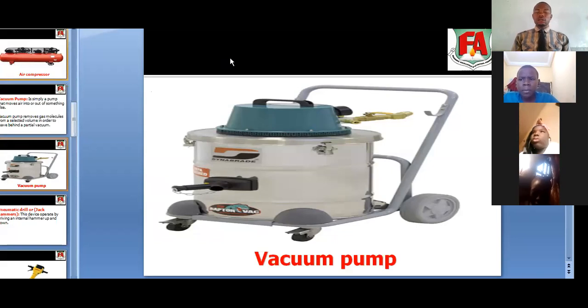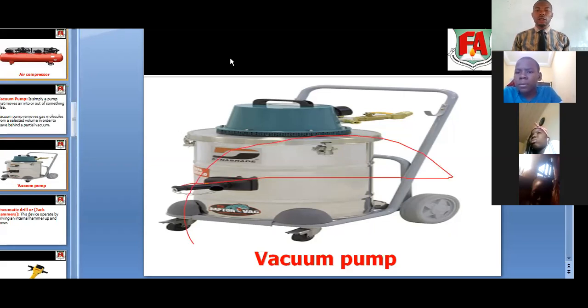Sir, what is this chain here used for? Okay, what you can see is a vacuum pump.